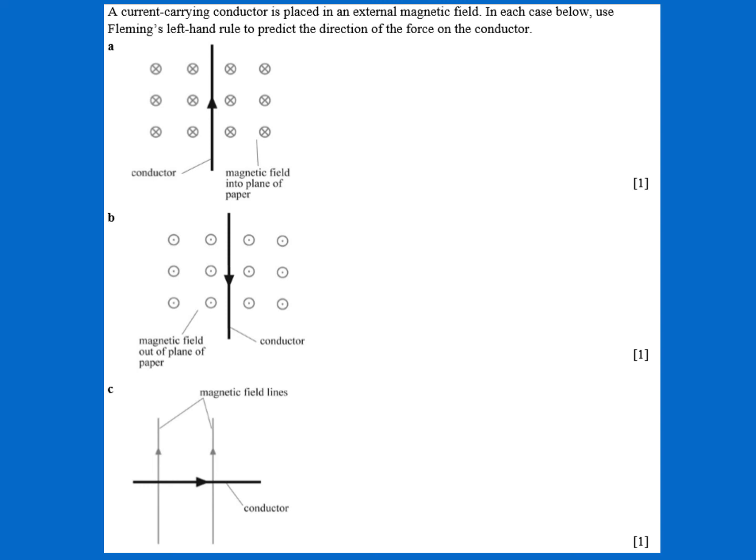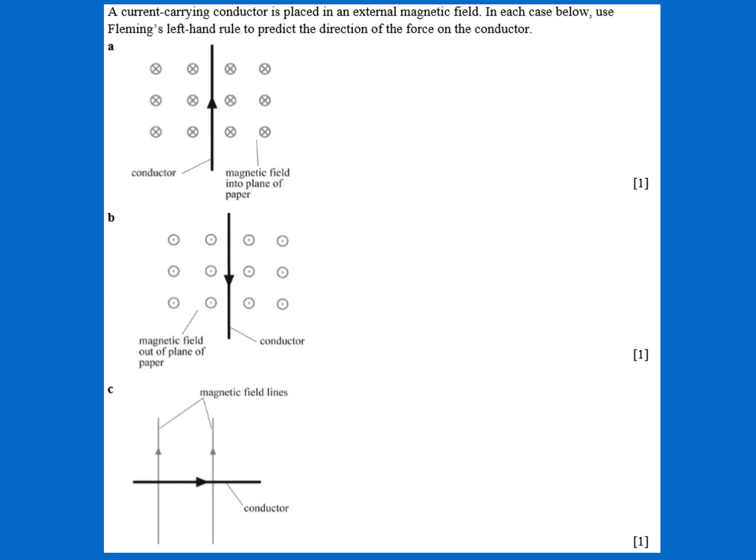So for the first one, you need to point your finger into the paper or into the screen, because that's the direction of the field, and then the current is going up, so you need to orientate your finger around. So there's quite a lot of manipulation of the direction of your hand.